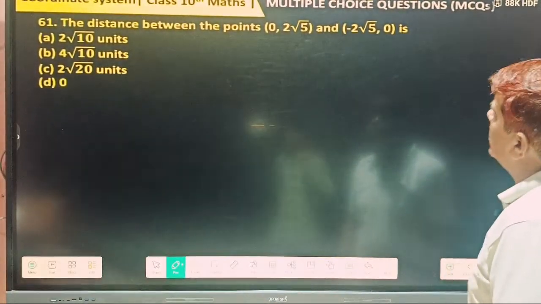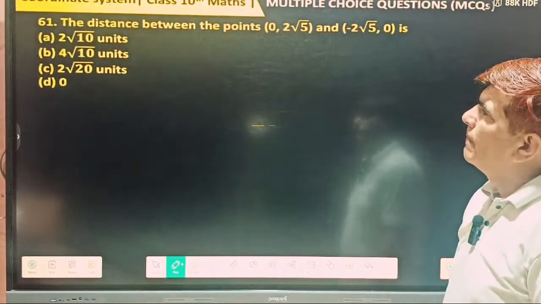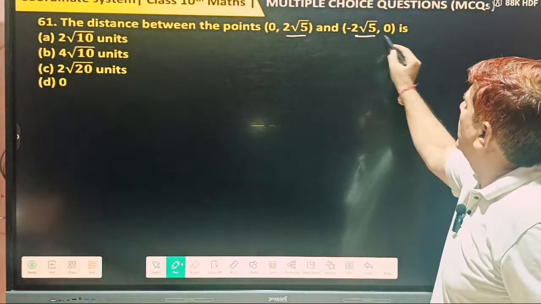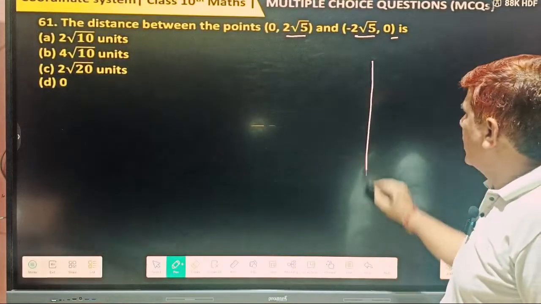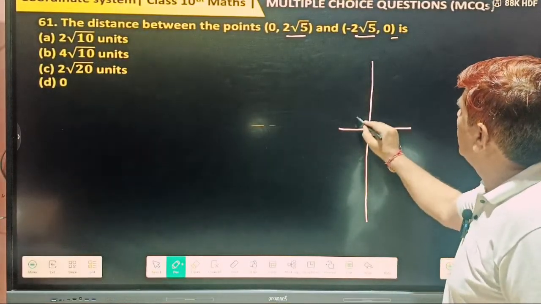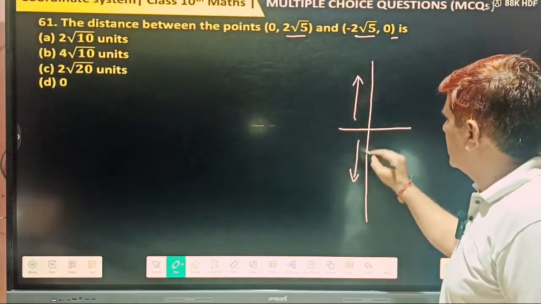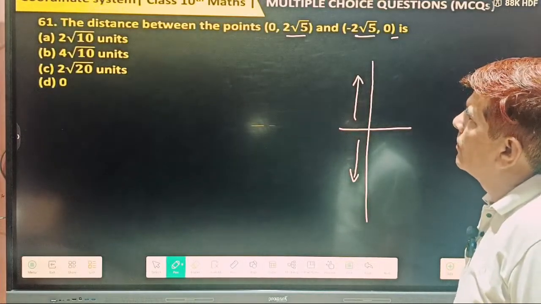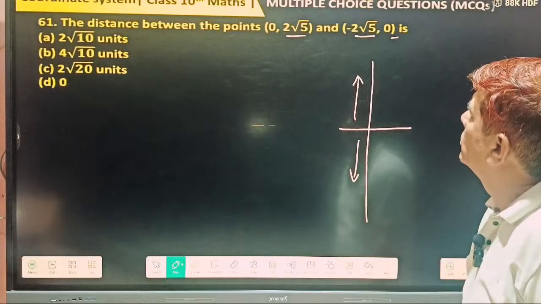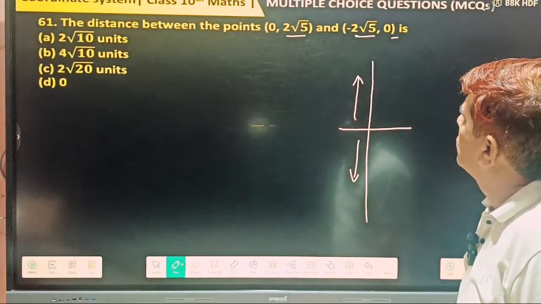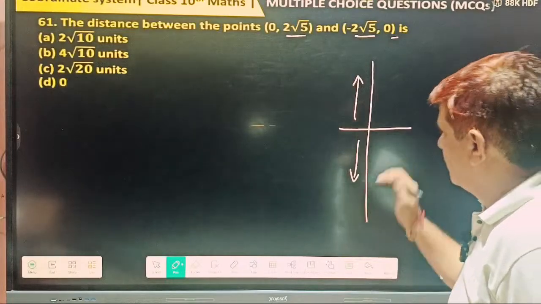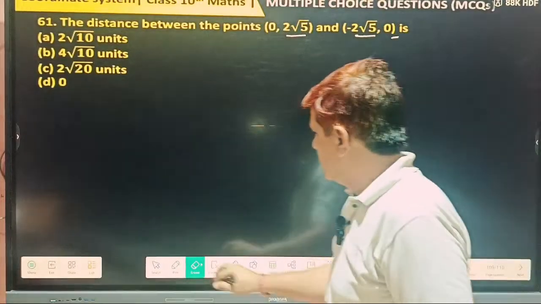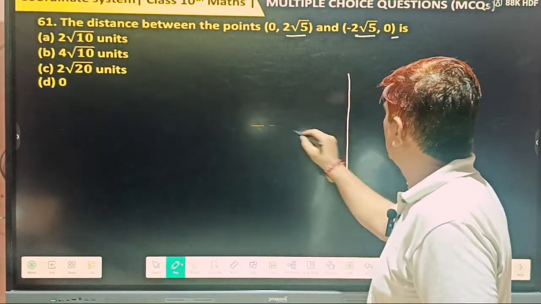61, the distance between this point and this point. Directly we can tell. So both points are lying on the axes. One on the x-axis, other on the y-axis. So we are taking it like this.